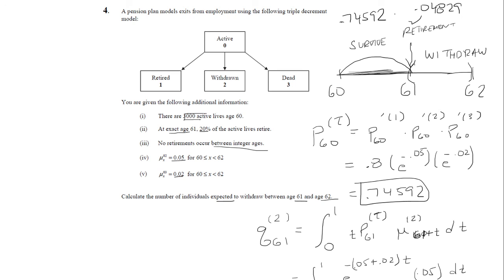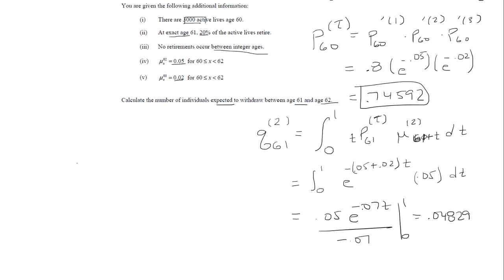So there were 3,000 active lives. So the probability of surviving age 60 and then withdrawing the next year would be the product of these two. So we can combine it all and say 3,000 times 0.74592 times 0.04829. Final answer is 108.06.